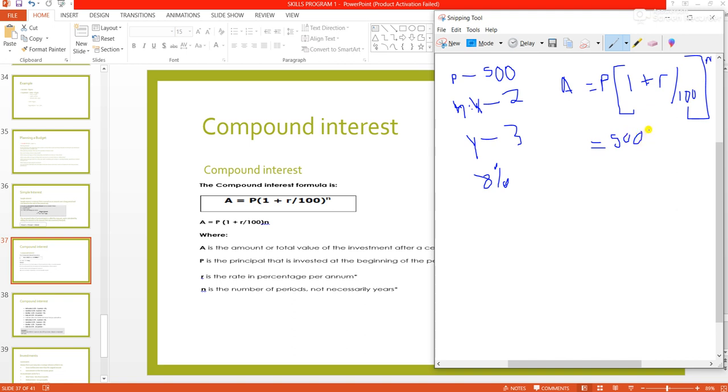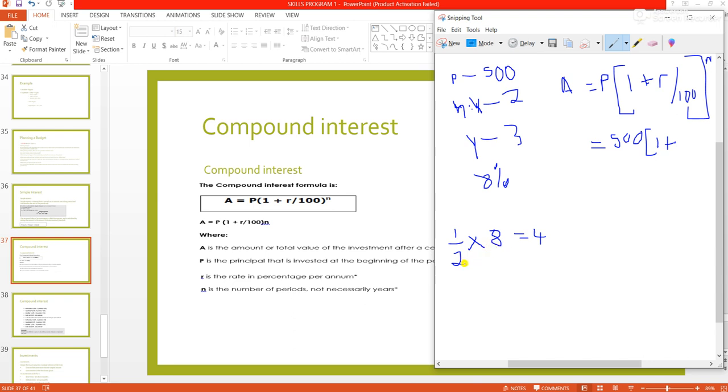So now, since we have an interest rate of 8, and it is half yearly, what we need to do is times it by a half. Half times 8, which is your interest rate, will give us 4, because it is half yearly of the annual interest rate.